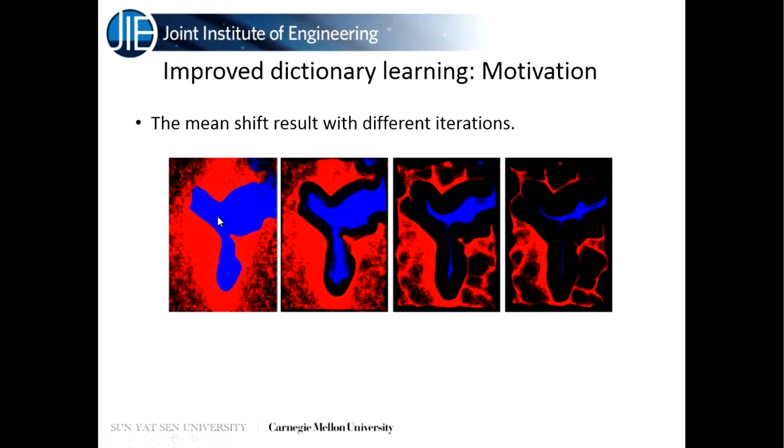Therefore, you can see the difference. After several iterations of mean shift, you can see those coordinates get changed. They are shifted and shifted, as you can see in the last picture. There is not much adjacent area between these points.